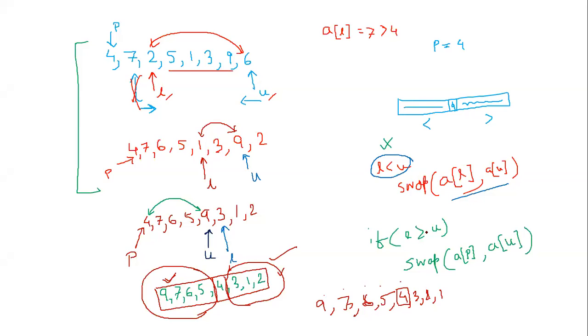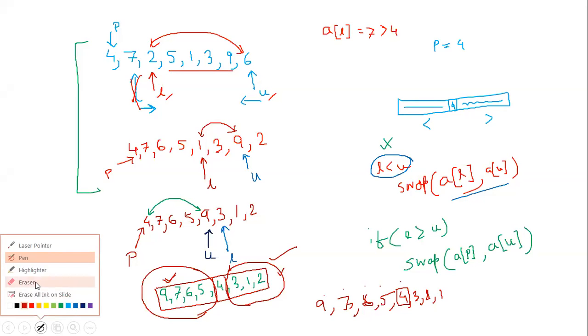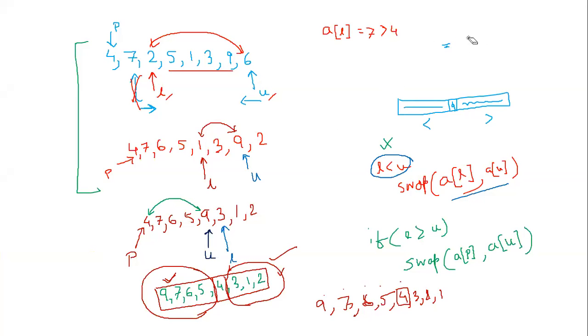In case of merge sort, what have we seen? Let me delete all this first. We have an array, say A of L comma U. L means the lower index and U is the upper index.